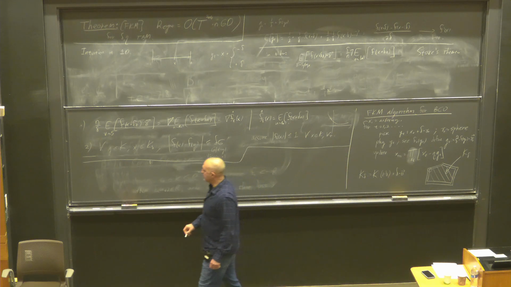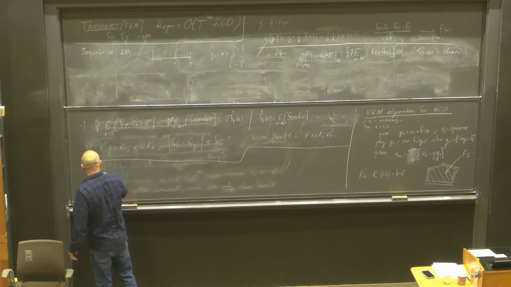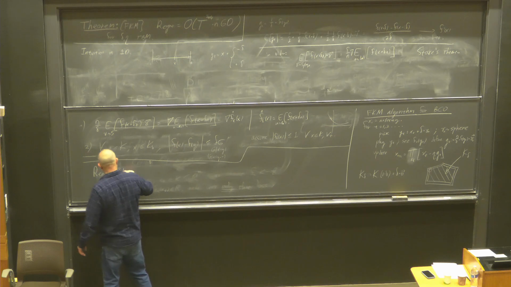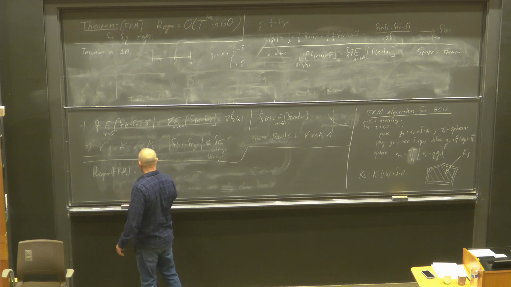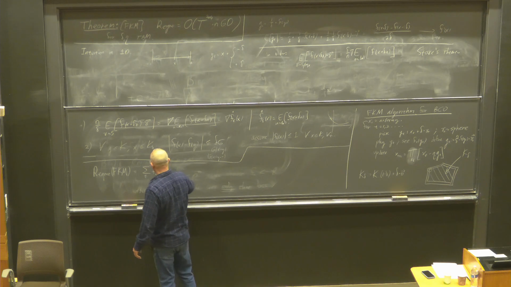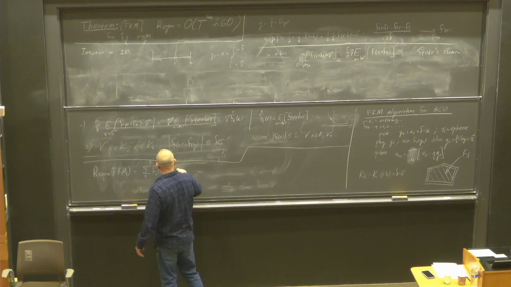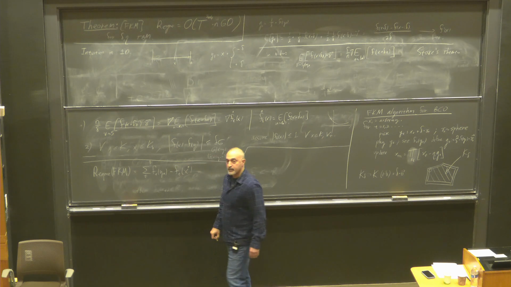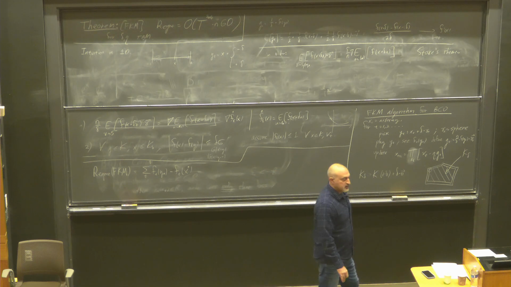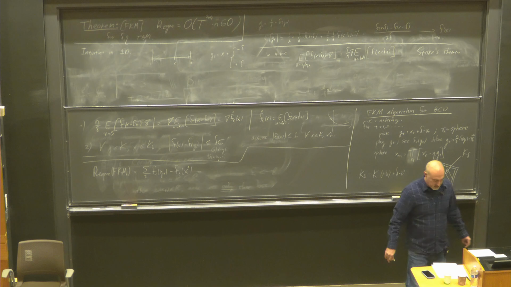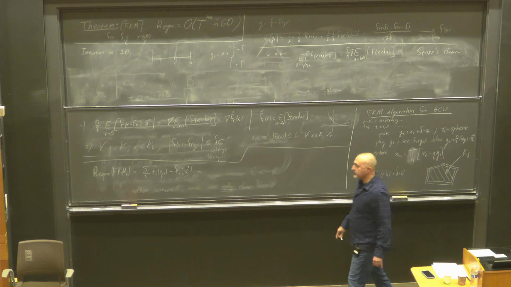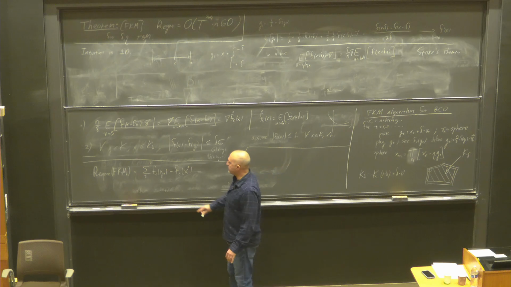So let's look at the regret of the FKM algorithm, which is summation ft of yt minus ft of x star. So first thing I'm going to do is convert this to the regret of xt.